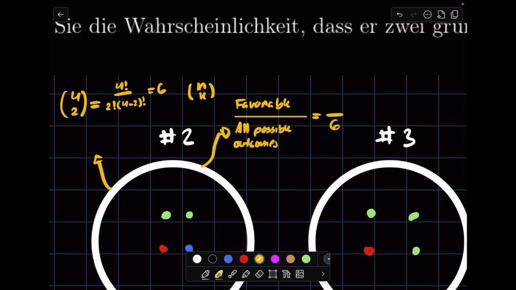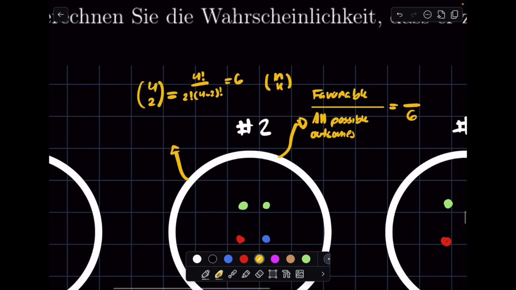Well, the favorable ones are, simply put, how many ways can we take 2 green marbles out of 2 green marbles, with 2 draws of the marbles?